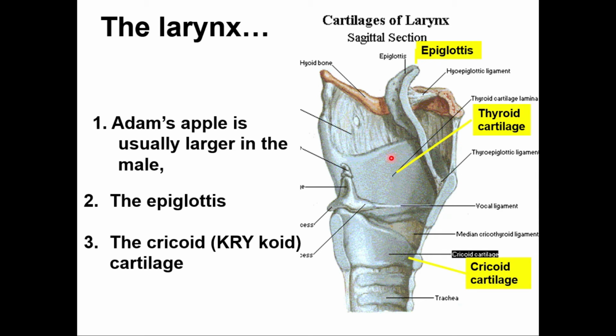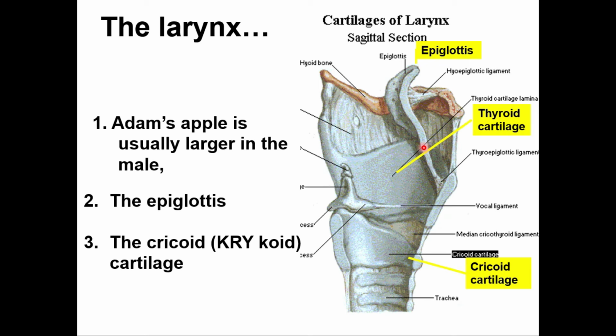This is the thyroid cartilage, the largest hyaline cartilage, which protrudes anteriorly and is known as Adam's apple. It is usually larger in the male as compared to the female. Then comes the epiglottis, the spoon-shaped structure that lies at the superior opening of the larynx and routes food to the esophagus and air toward the trachea.